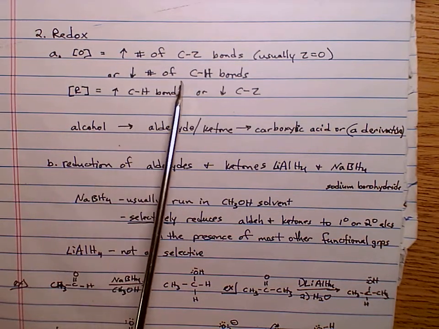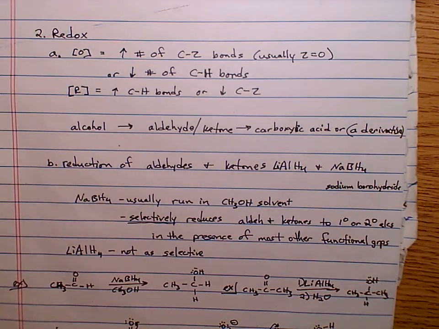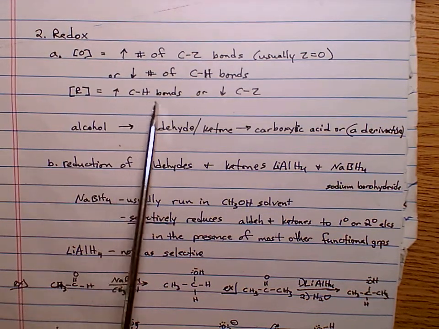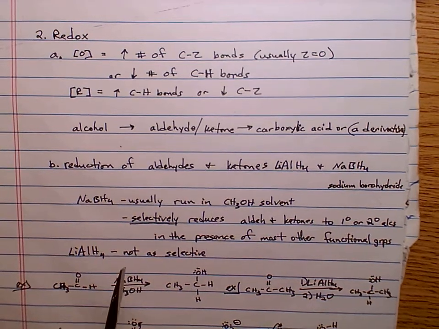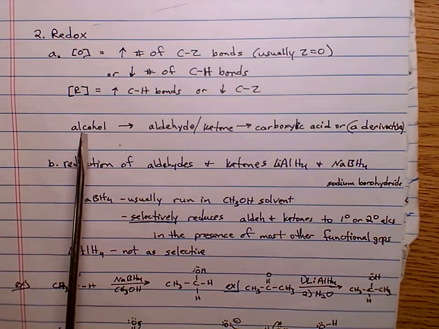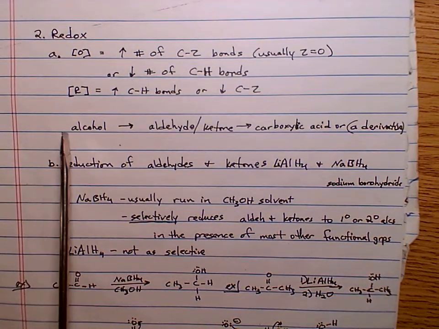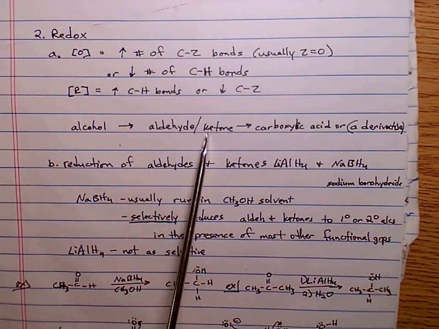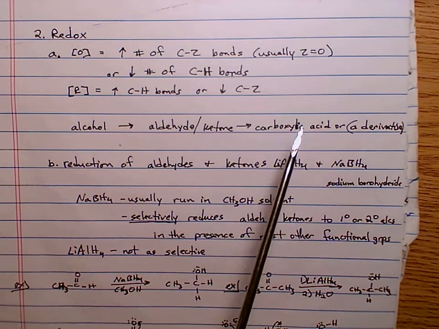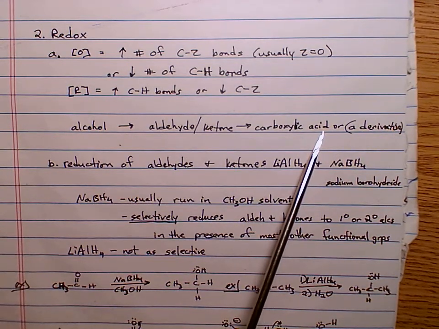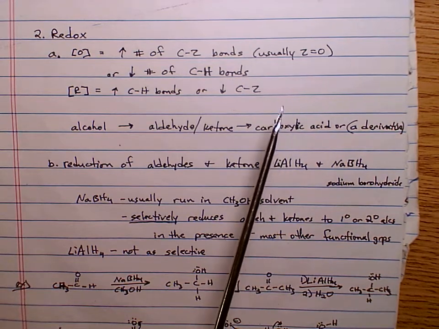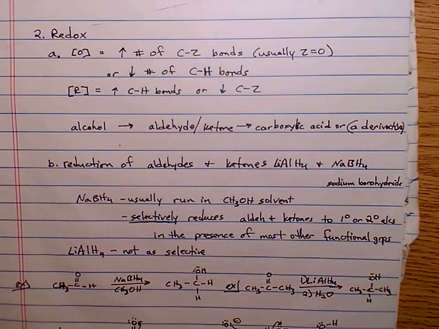Oxidation also decreases the number of carbon-hydrogen bonds. Reduction increases the number of carbon-hydrogen bonds or decreases the number of CZ bonds. And recall our scheme. In an alcohol, we have carbon bonded to one oxygen. Aldehyde or ketone, we've got two bonds between the carbon and the oxygen. Carboxylic acids and esters, we've got three bonds between the carbonyl carbon and electronegative atoms.